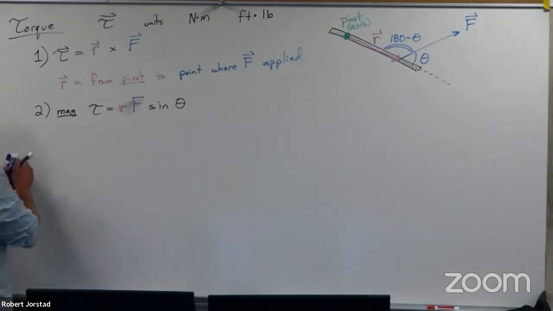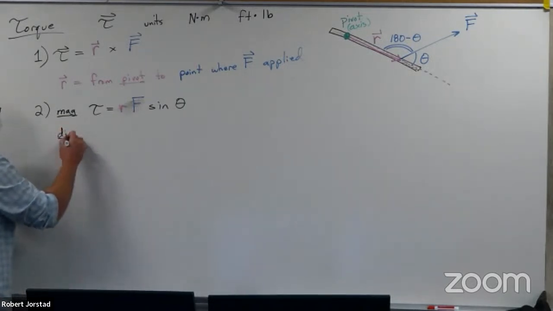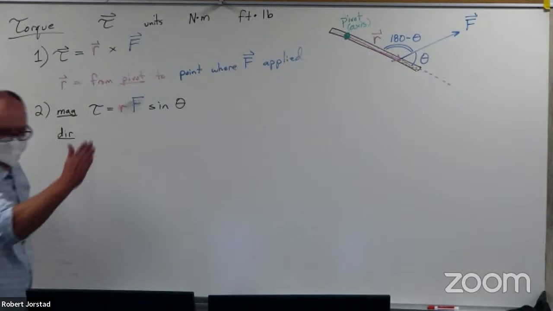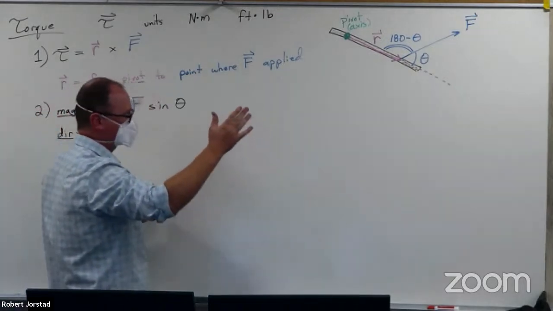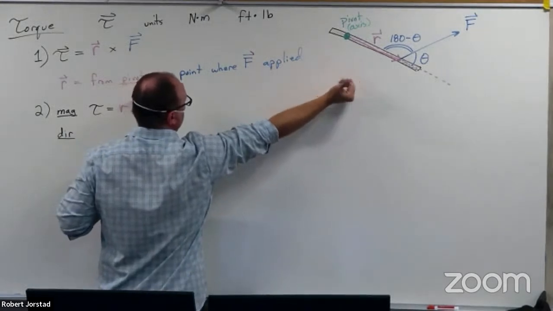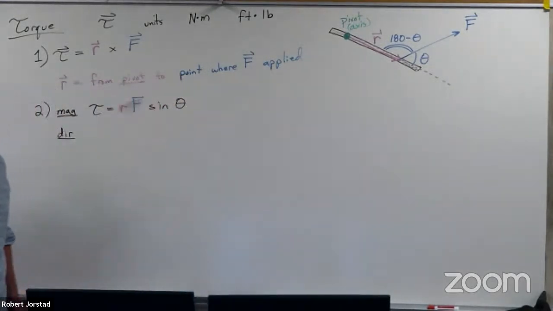How do you get the direction? Do you remember how you get the direction of a vector without having to do any math from a cross product? Which hand is this? Right hand rule. Watch out.